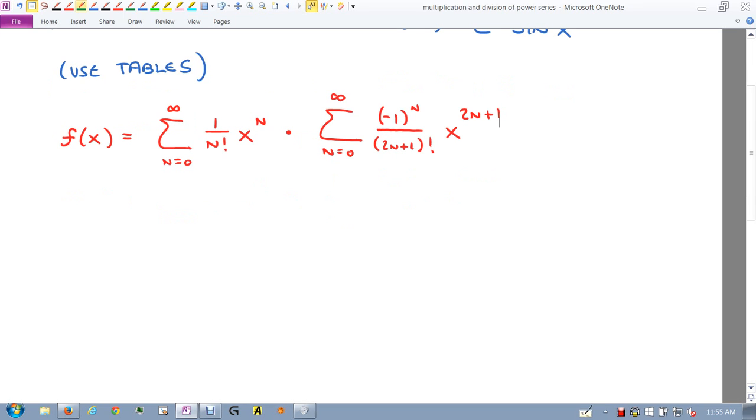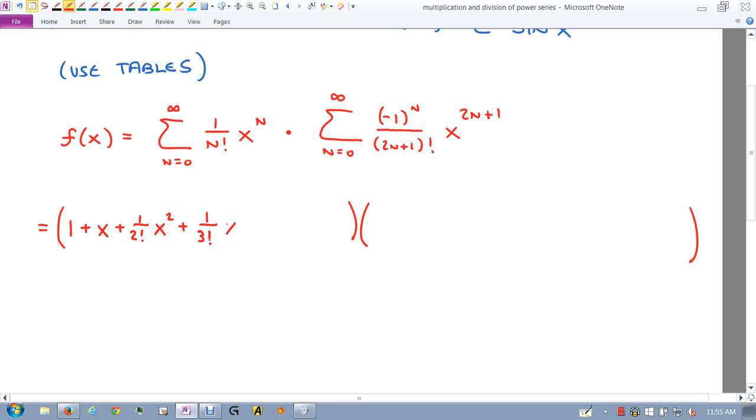All right, so now what we'll do, and this just gets kind of tedious, is we're going to write out the first few terms of each of these series. We know that the e to the x one, if we plug in 0, then 1, then 2, then 3, we get 1 plus x plus 1 over 2 factorial x squared plus 1 over 3 factorial x to the third plus 1 over 4 factorial x to the fourth plus dot, dot, dot.